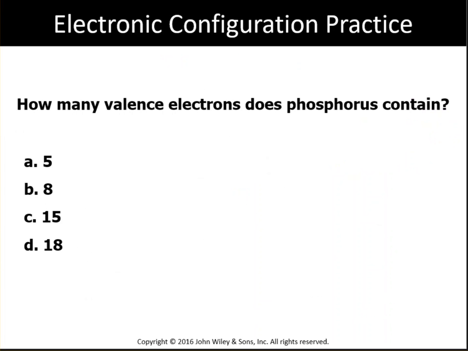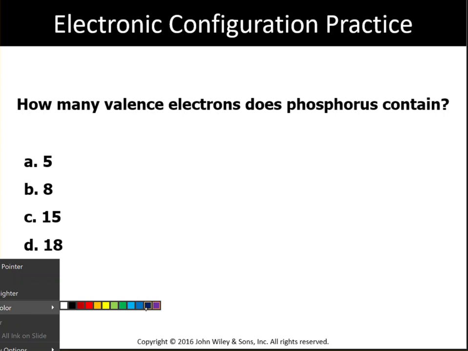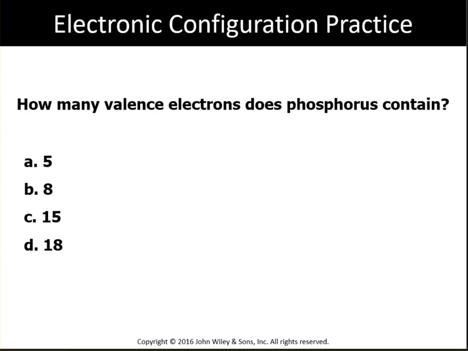So let's look at another example. You want to know how many valence electrons phosphorus has. So phosphorus has 15 electrons. So electronic configuration of phosphorus is 1s2, 2s2, 2p6, 3s2, 3p3.